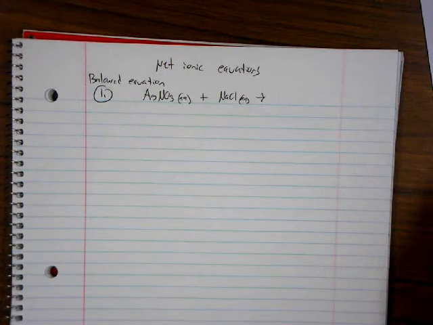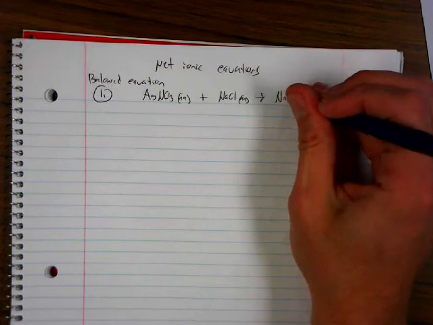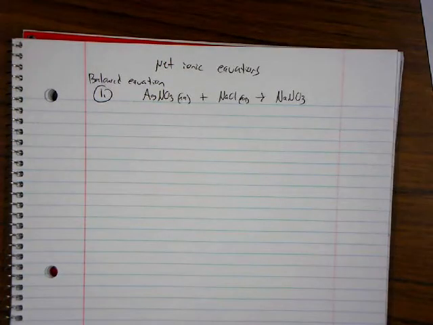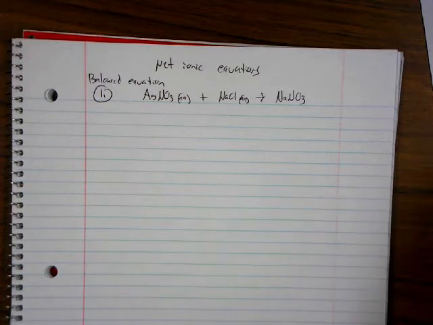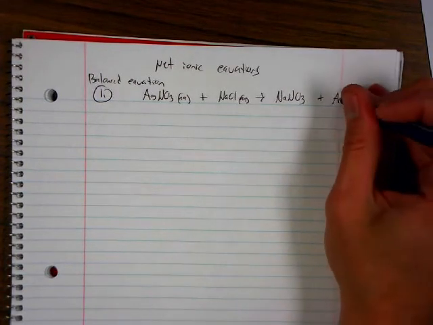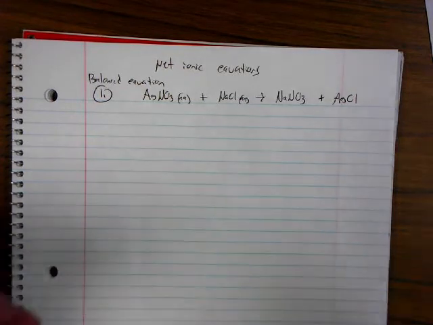What's that going to give me? It's double displacement. NaNO3, right? Is that going to be aqueous? Maybe. Plus what? AgCl. Is that going to be aqueous?